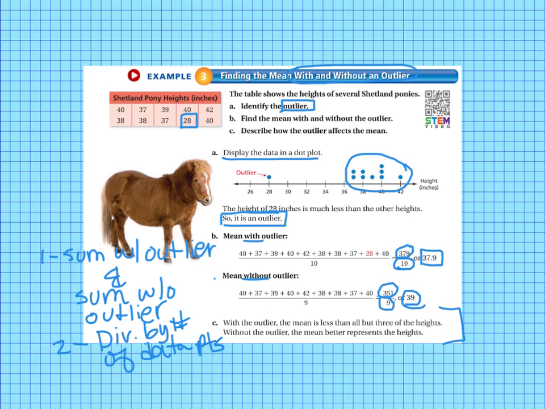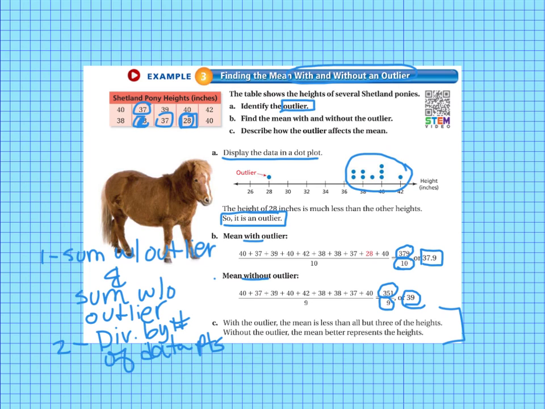It says with the outlier, the mean is less than all but 3 of the heights. You can see that 37.9 inches is less than everything except for 37 and 37 and 30 and 28, sorry, 28, there we go.